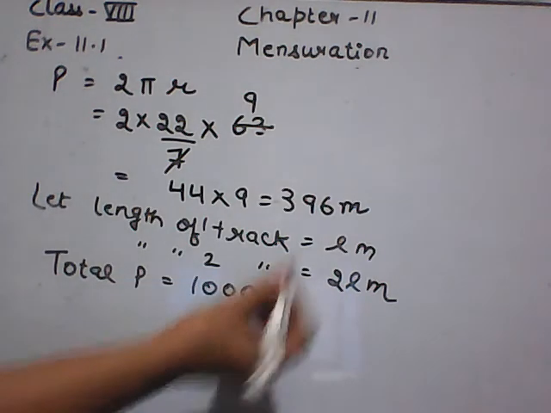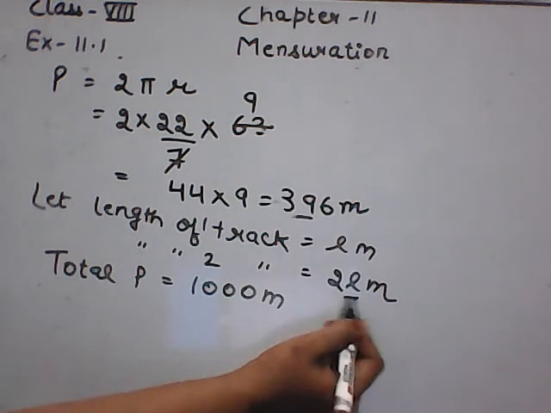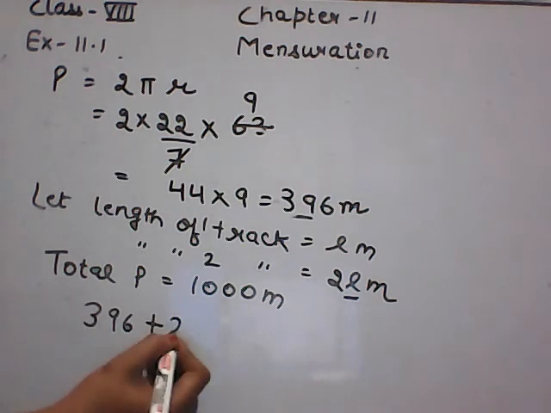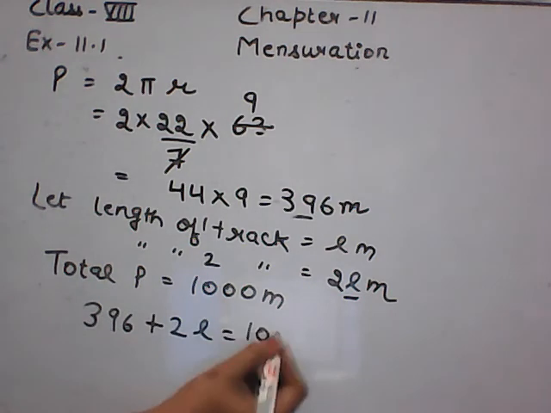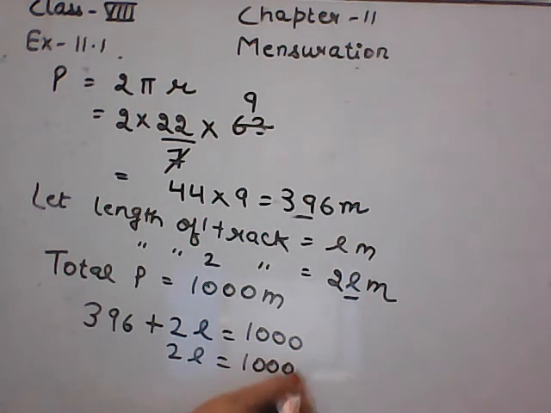It is the perimeter of two semicircular ends plus the length of two tracks. It is 396 plus 2L equals 1000. Now 2L will be 1000 minus 396. 1000 minus 396 will be 604.